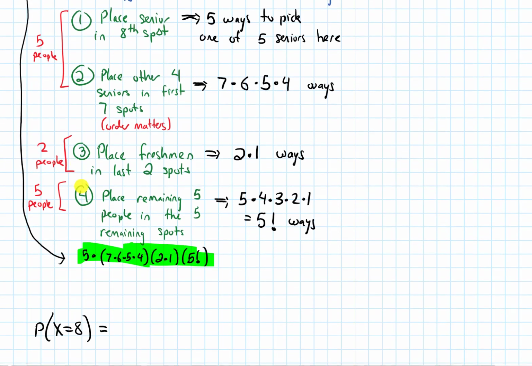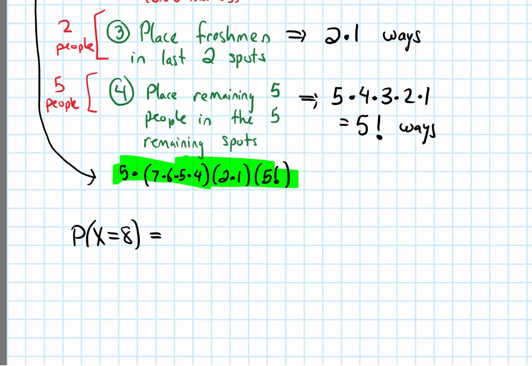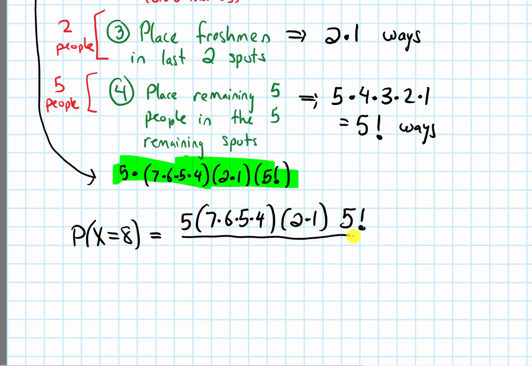All right, so we are ready to write down this probability. All right, so the numerator is 5 times 7 times 6 times 5 times 4, and then it's times 2 times 1, finally times 5 factorial. And the denominator was 2 times 1 times 10 factorial.